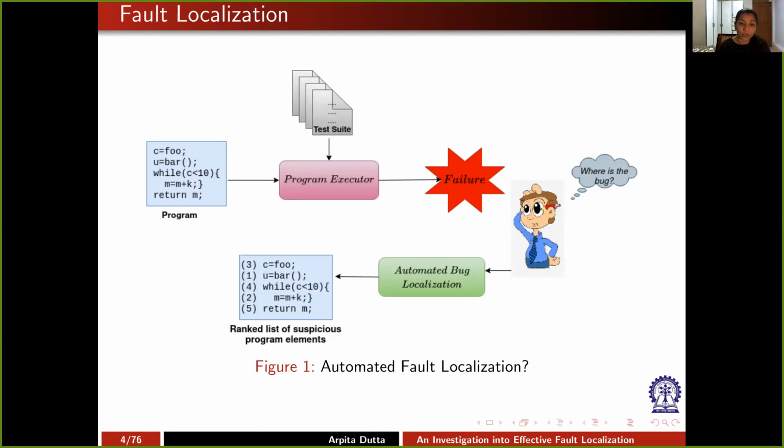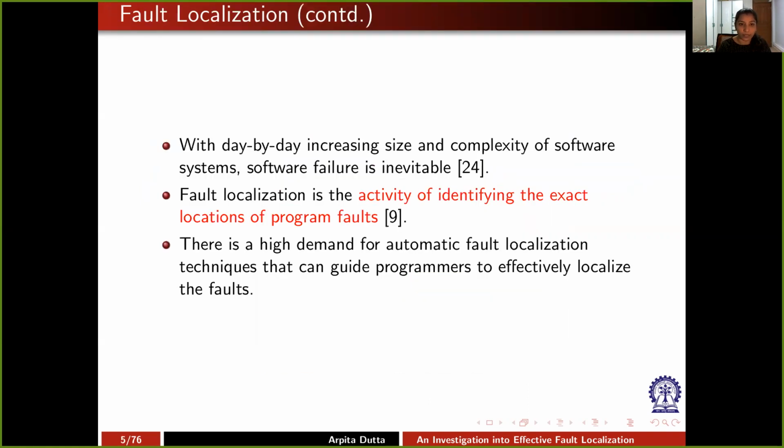But the techniques already available in the market are not very effective and also not efficient. So there is a huge demand for automated bug localization techniques which are both effective as well as efficient. These are what I will discuss.